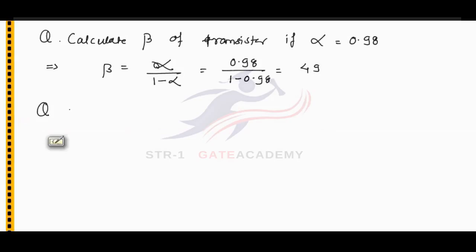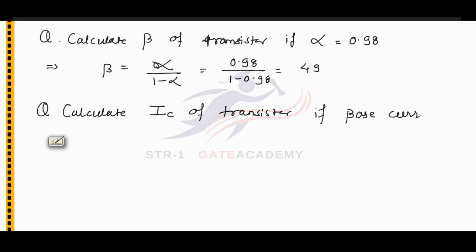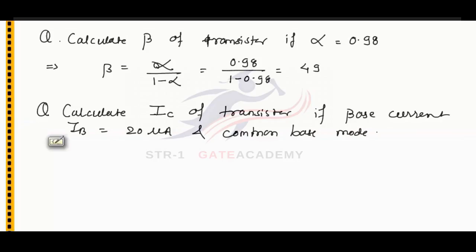Next question. Calculate the collector current IC of a transistor if base current IB is equal to 20 microamperes and common base mode current gain is 0.98.